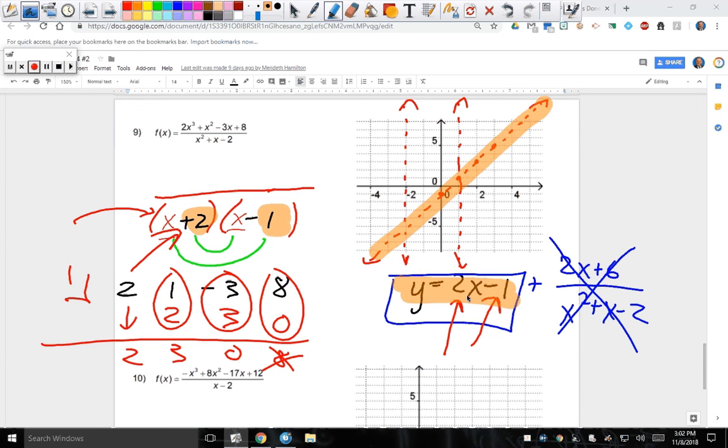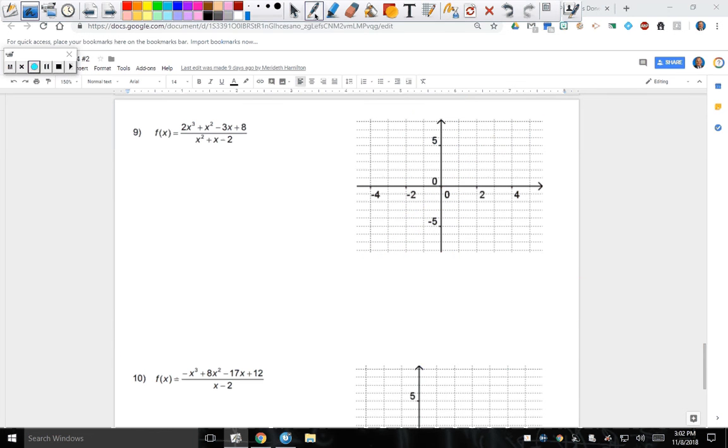So let me do a better visual on that, because you weren't the only one that had that question. If you're looking at slant and end behaviors and horizontal asymptotes, it's all about analyzing the bottom. Okay? If it's bigger on top, there will be no horizontal asymptote.